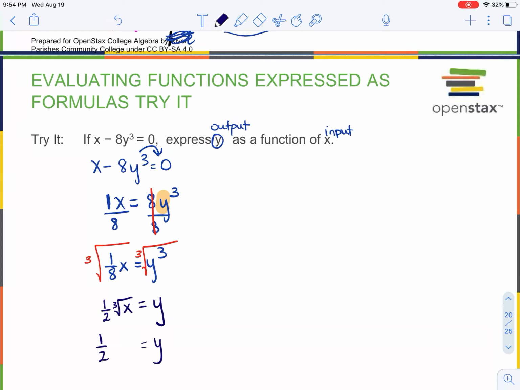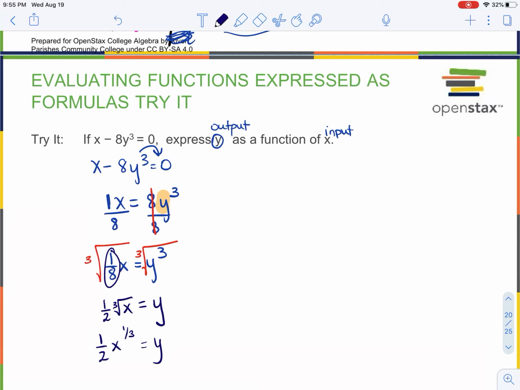You can also write that as 1/2 x to the 1/3, because 1/8 has a cube root, but x doesn't. Then we can write our root in fraction exponents.